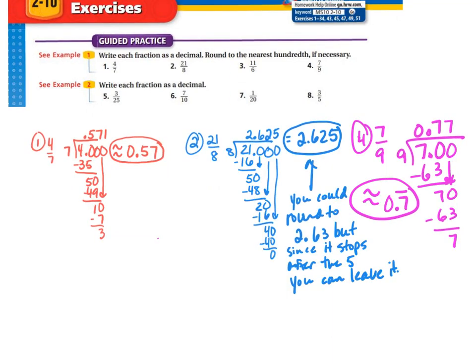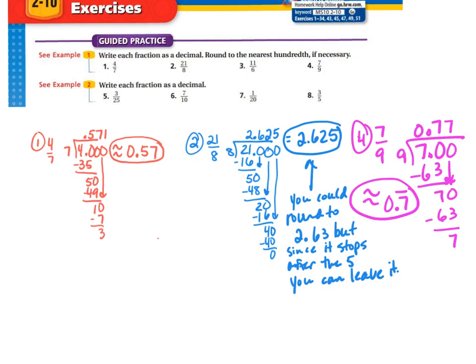Go ahead and check your answers for those for example 1 that you did. Problem 1 is 0.57 to the nearest hundredth. It would keep going, and it said we could round to the nearest hundredth if necessary. Number 2 is 2.625.